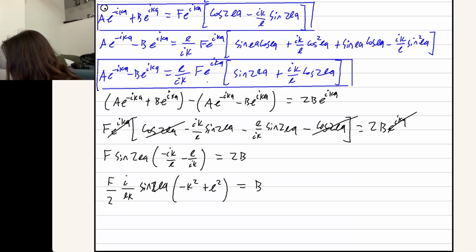And that's b. And yeah, that's what Griffiths got even. So we'll have i f over 2Lk sine 2LA times L squared minus k squared.